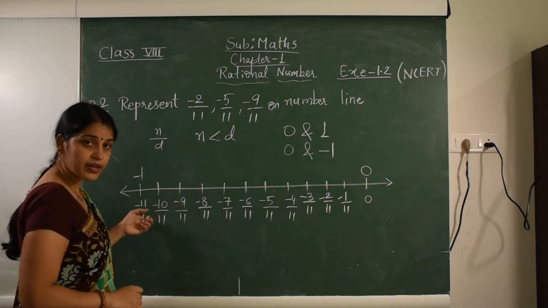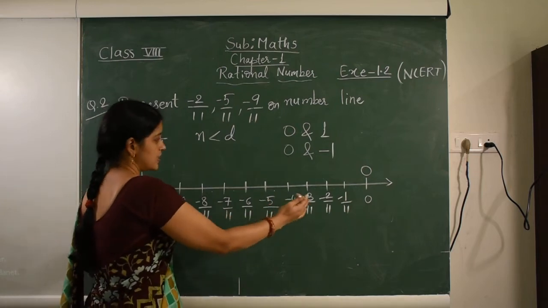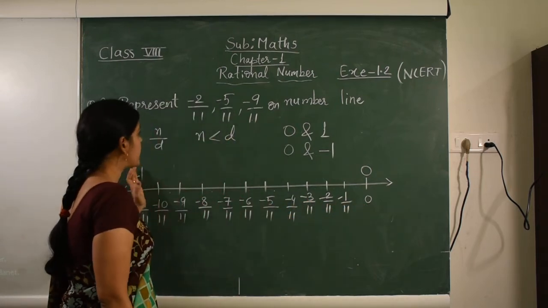This minus 11 upon 11 means minus 1. So these numbers lie between 0 and minus 1.